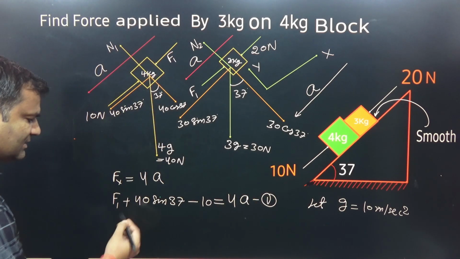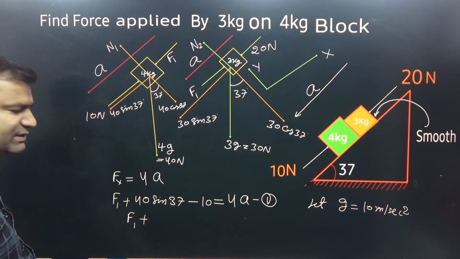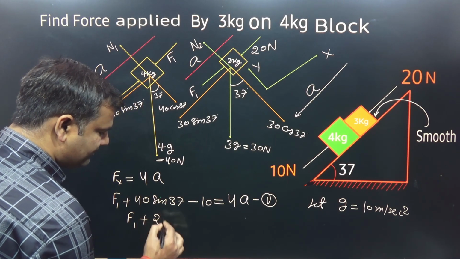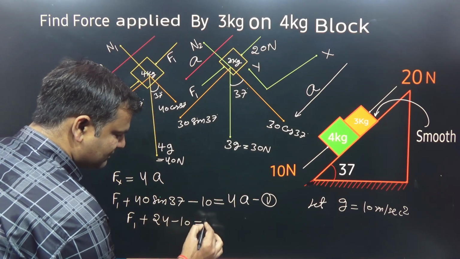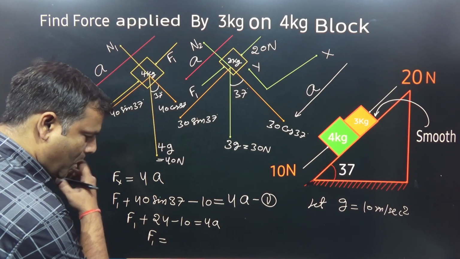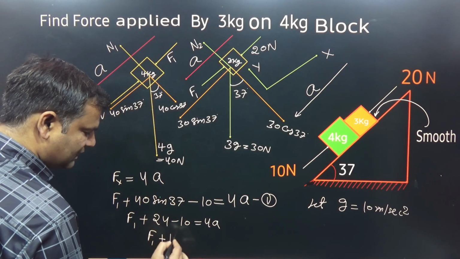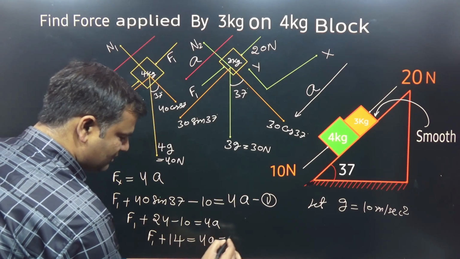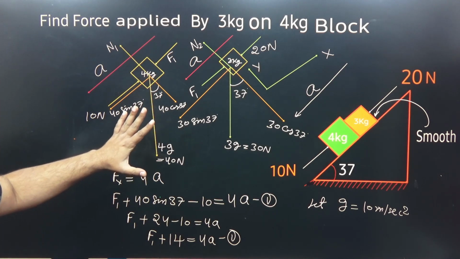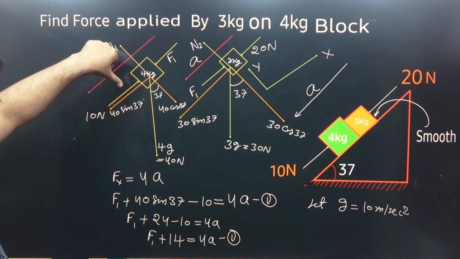Clear? In mathematical form, how many forces in the downward direction?